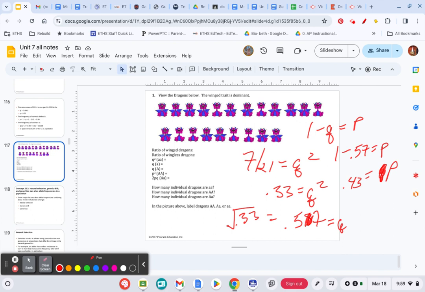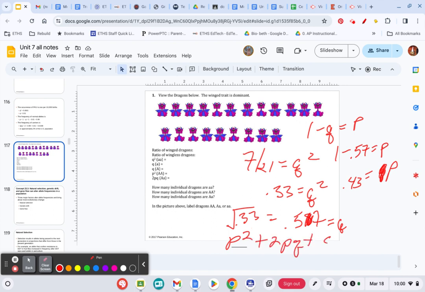Now, if I want to, and they do ask for this, I can go back and see how many of my winged dragons are heterozygous. They're all winged, but how many have two dominant letters, and how many have a dominant and a recessive letter? For that I'm going to use the equation p squared plus 2pq plus q squared equals 1.